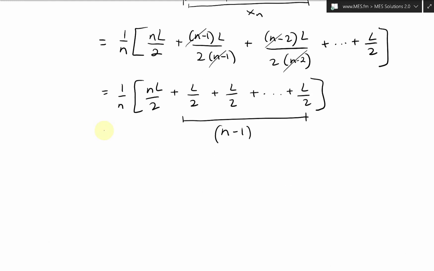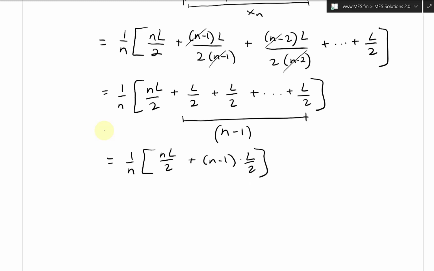So this means this equals 1 over n, and then we're going to have nL over 2 plus n minus 1 times L over 2, like that. All right, so now what we'll do is factor out this L out of there, and then we have the common denominators too.